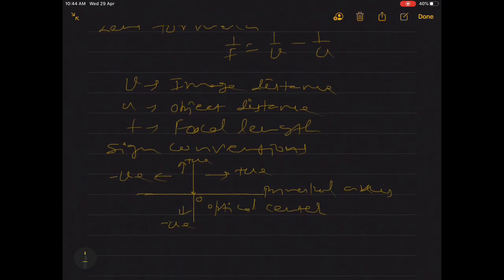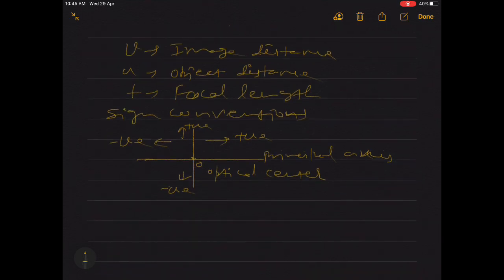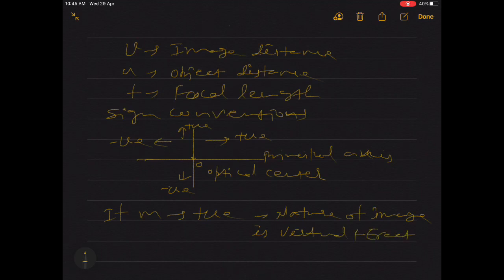And when we are solving numericals based on these two concepts, you must be very careful about the sign conventions. So if m is positive, then the nature of the image is virtual and erect.